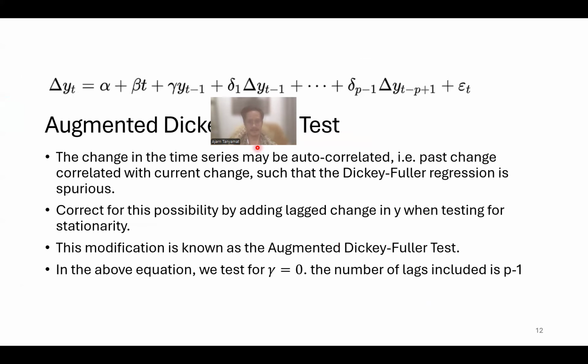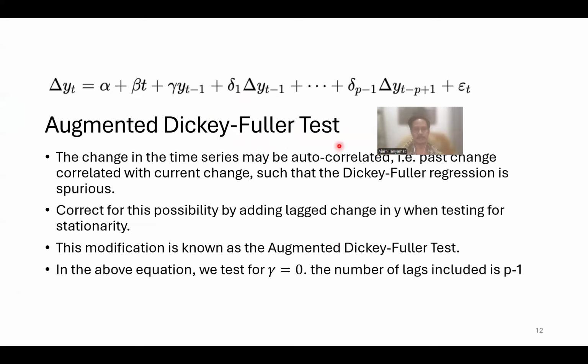In the augmented Dickey-Fuller test, we are allowing delta Yt to have some kind of autoregressive feature. For example, maybe last period it went up, and this period it's going to go up just due to momentum. But eventually, it might go back, right?